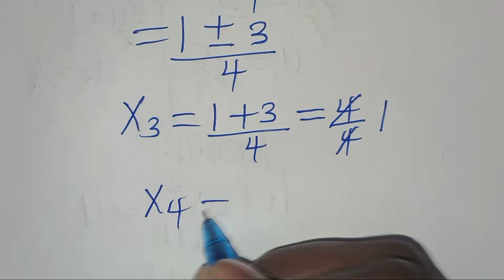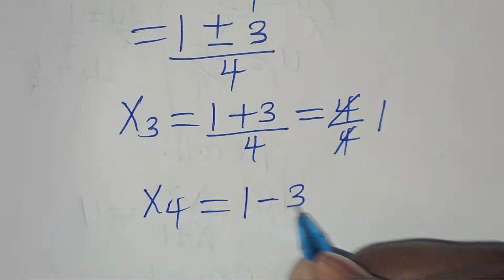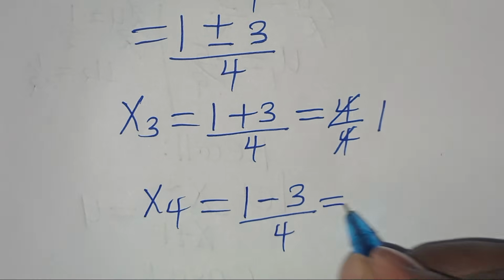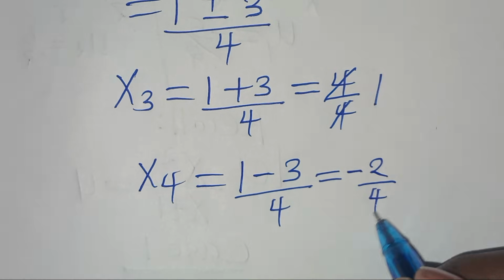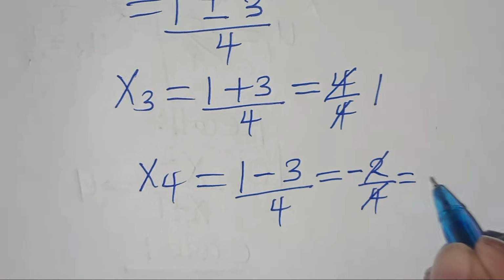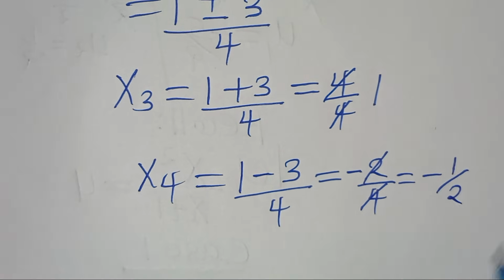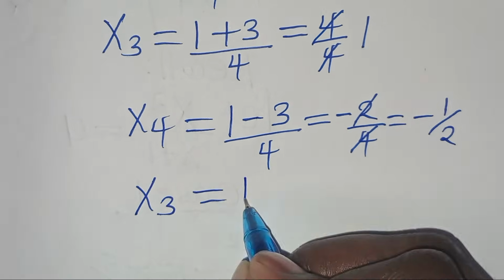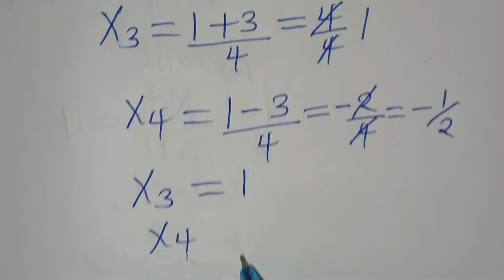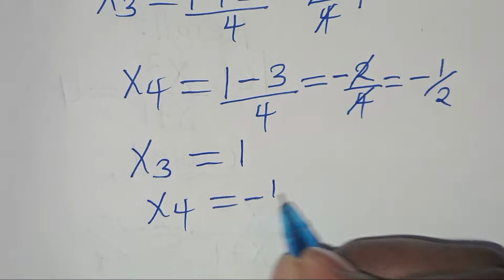x4 is equal to 1 minus 3 divided by 4, and this is equal to negative 2 over 4. Negative 2 over 4 is the same thing as minus 1 over 2. So we have that x3 is equal to 1 and x4 is equal to negative a half.